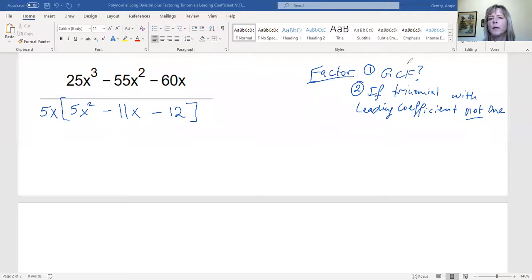What I mean by that is if the trinomial starts like this, x squared plus 5x plus 6, this is a trinomial with a leading coefficient of 1, and this is like section 6.2, I believe, where you simply say, hey, it starts with a 1, so I open, close, and I do an x, and an x. And then on this one, you would find your product. There's a product of 6.